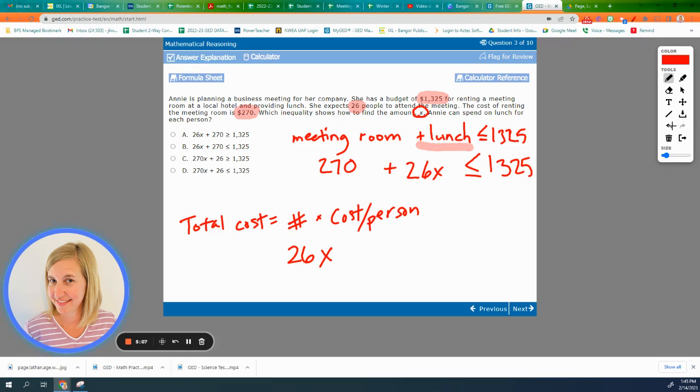So that eliminates this one and that eliminates this one because the inequality symbol is facing the wrong way. So now which of these choices match up to what I wrote out? It's letter B. Notice that I had written 270 plus 26x and they've got 26x plus 270. That's okay. Just like 3 plus 4 is 4 plus 3. Addition doesn't matter which one comes first. So the correct answer is choice B.